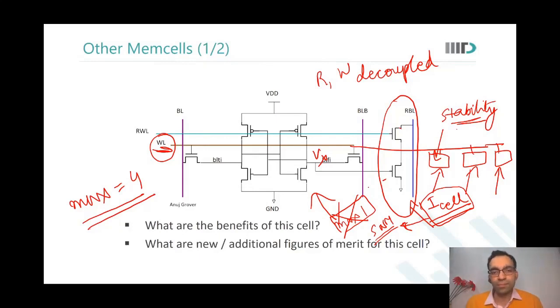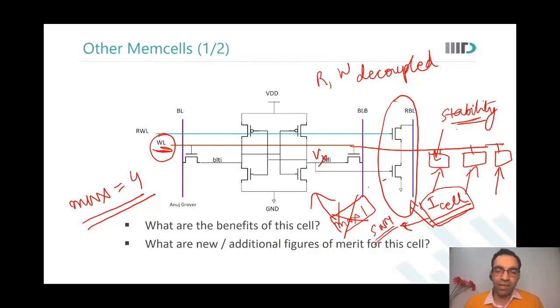Ranjit? Sir, when we are using mux greater than 1, then this is even an issue in the normal 6T SRAM cell, so you anyway have to take care of stability. See, I started the discussion on this cell by saying, oh, read and write are decoupled, so stability is no longer a concern. Now I am saying, no, stability remains a concern if my mux is greater than 1.